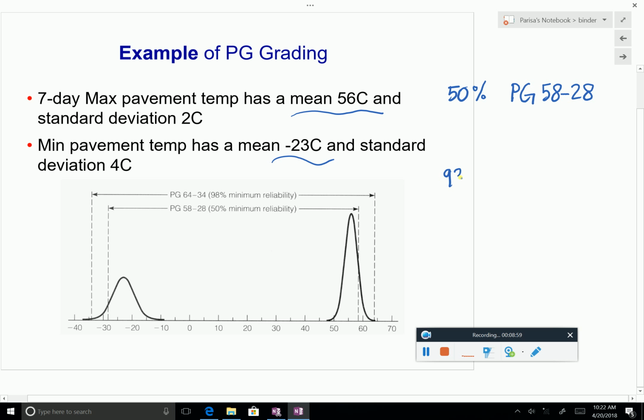Now for 90% reliability, I add to that 2 times the standard deviation. I use sigma. You can use S if you like. And here it is given as 2 degrees centigrade. So this will be 60. So I add a standard deviation so that my material would work, even if things are changing dramatically.